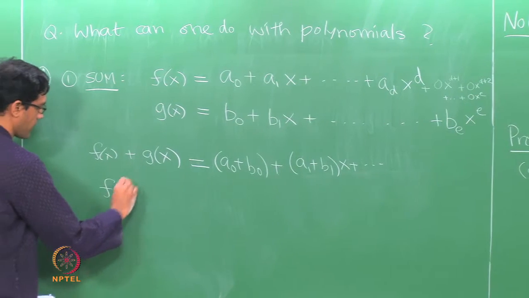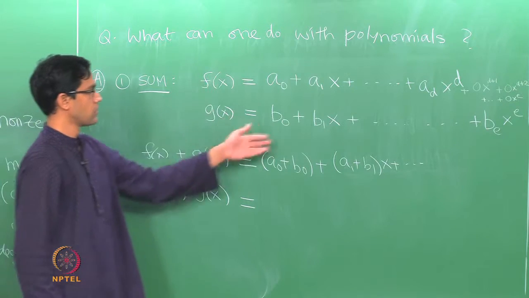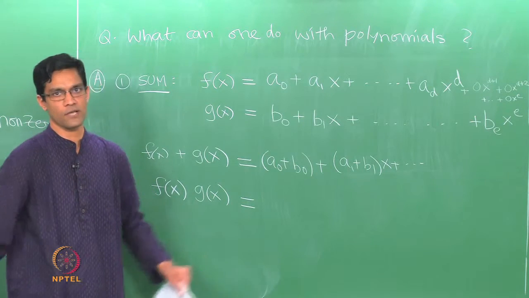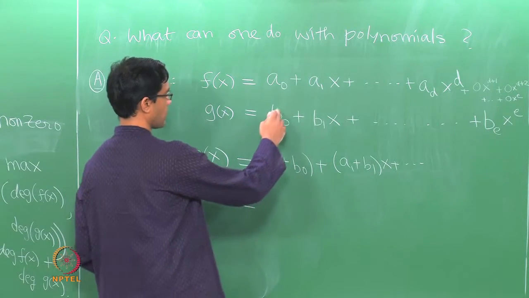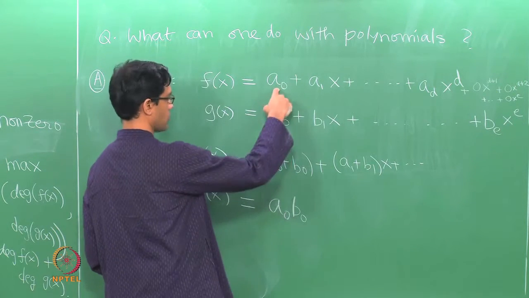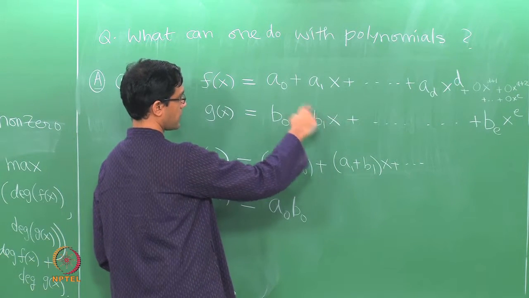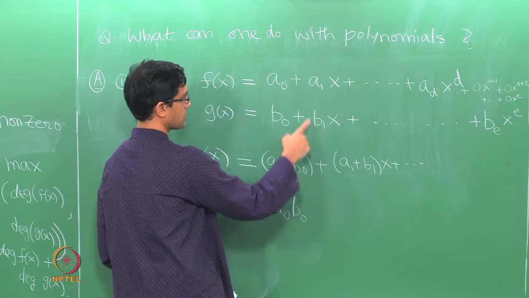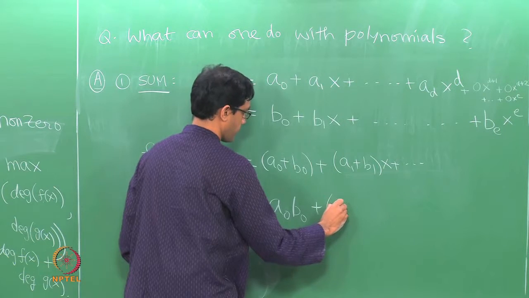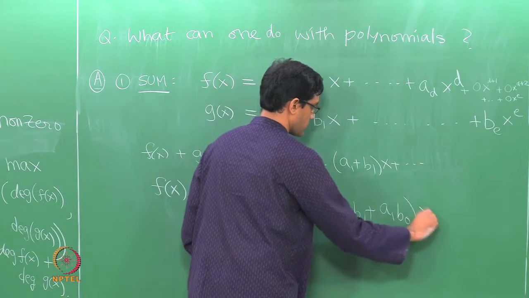And similarly the product again is the familiar operation, f of x times g of x. You write these two things out and then you just use the distributive law and expand the whole thing out. When you do this, a0 b0 will be the constant term. To get a coefficient of x I need to multiply a0 with b1 x and b0 with a1 x. So this is a0 b1 plus a1 b0 times x.